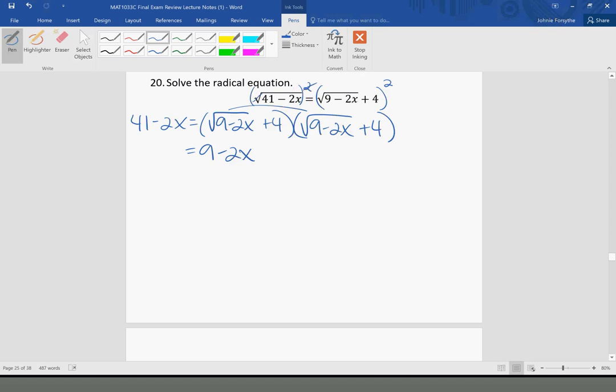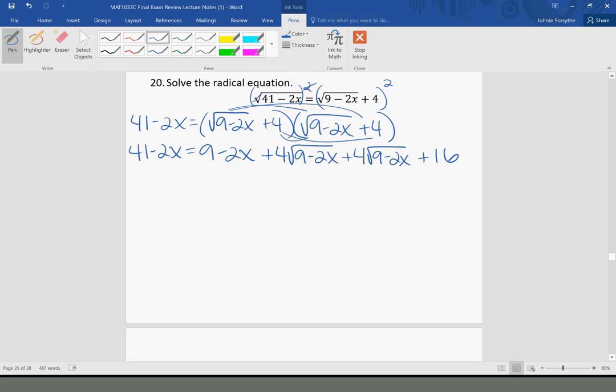All right? Now, outer. So I'm going to have plus 4 times the square root of 9 minus 2x. Inner, another 4 times root 9 minus 2x. And then last, 4 times 4 is 16. Still have that 41 minus 2x on the left.